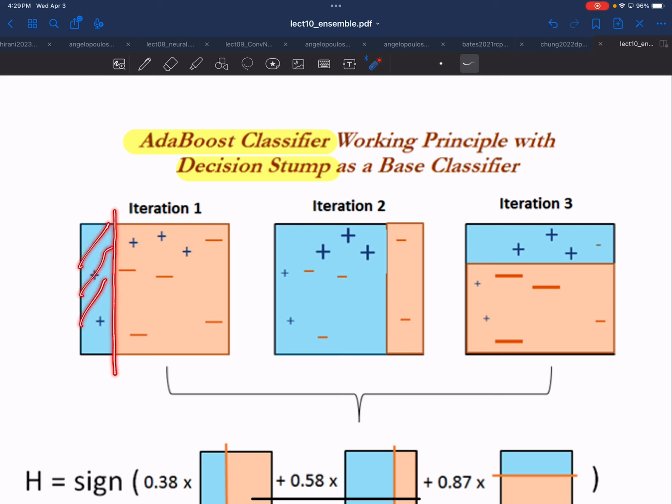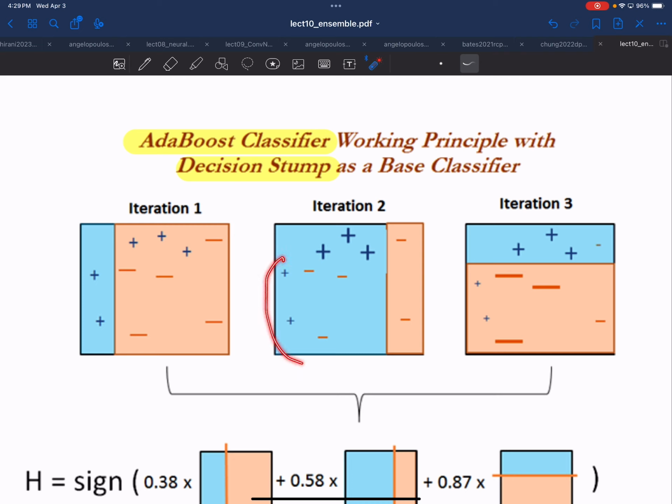So this would be predicting blue or plus. This would be predicting red or minus. And we can see that these were predicted correctly. These were predicted correctly, but these were in error. So now, for the next stage, we're going to compute weights on all these samples. For all the ones that are correctly predicted, we're going to weight them smaller than 1.